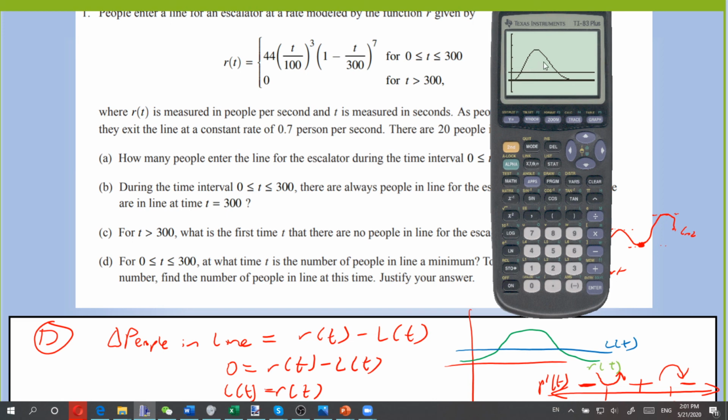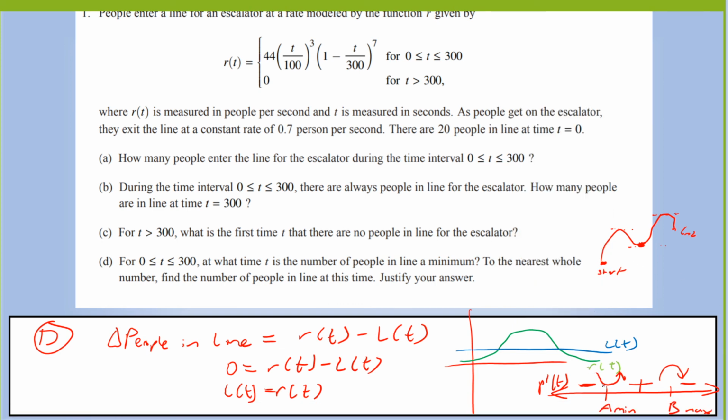What I'm debating doing here, just to explain, is we know we had a minimum, so I know that the start point, because we started decreasing, cannot be the smallest amount of people in line. So it's not the start point. I know B is a maximum, so it's not B. So that leaves just A, or it could be the endpoint.